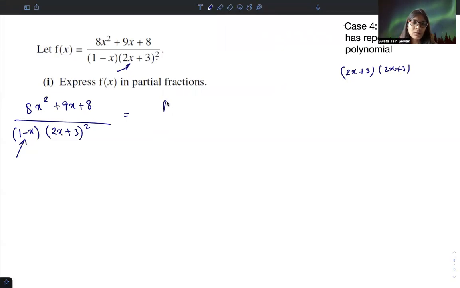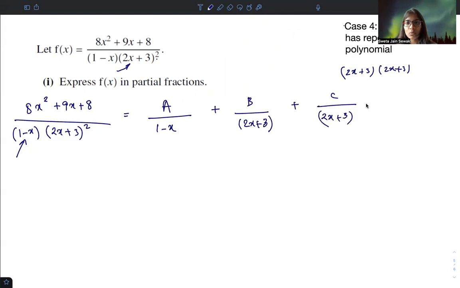It's just linear, so its numerator will be A over 1 minus x, plus B over 2x plus 3, plus C over 2x plus 3 squared. Okay, since there's a square.